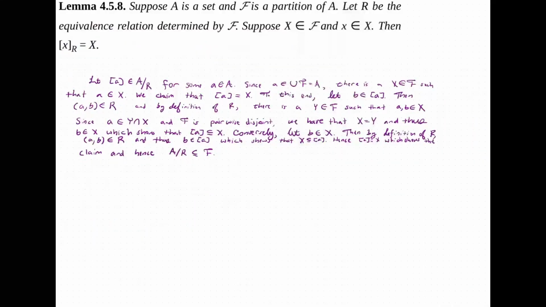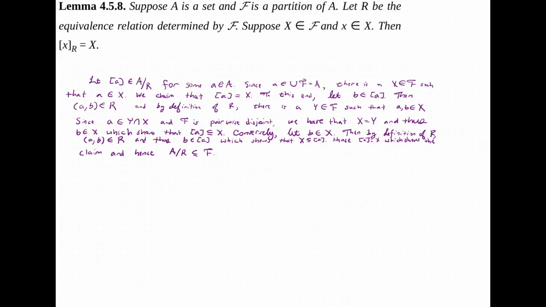So now we have lemma 458. Suppose A is a set and F is a partition of A. Let R be the equivalence relation determined by F. That's the way that we define our R. And suppose X is in the family of sets and lowercase x is in the set X, then the equivalence class of lowercase x is equal to the set X. Now, here we have the proof that we had for the claim.